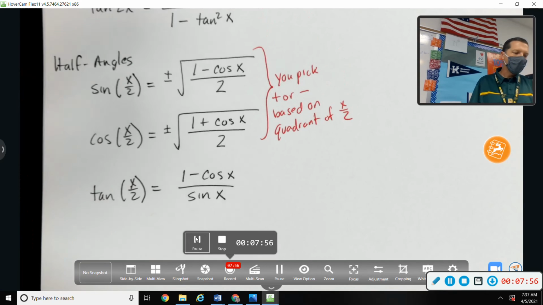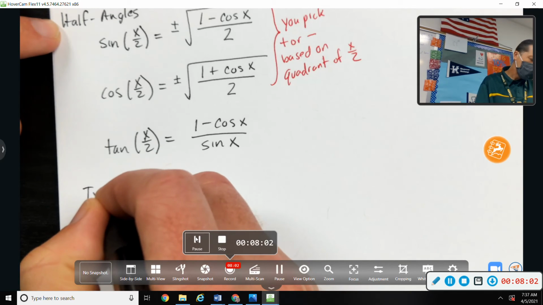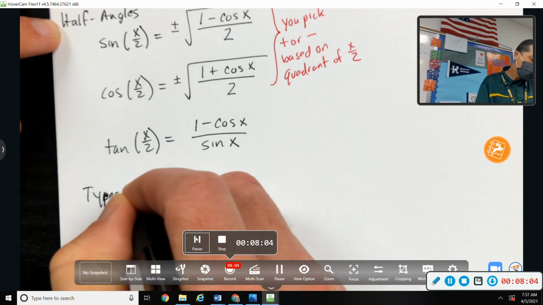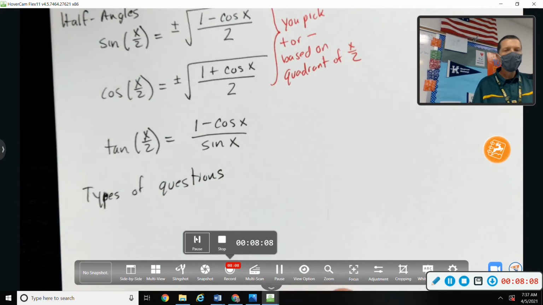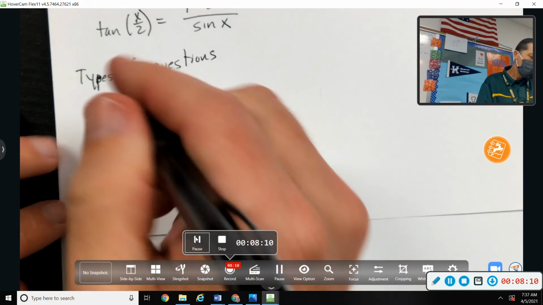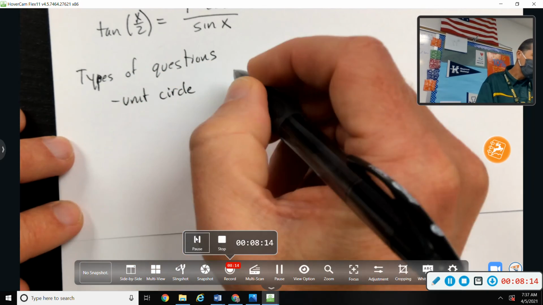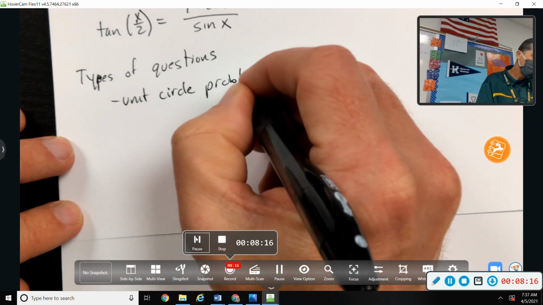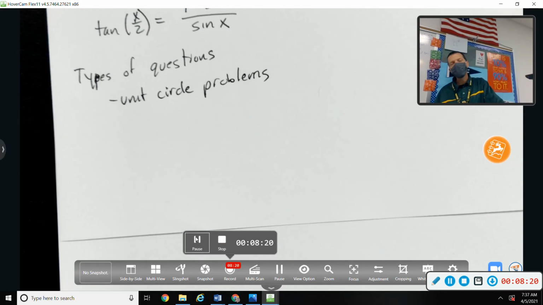And then with each of those formulas, there were like 2 types of questions. There were the unit circle problems. So you still need to know or have access to or reference all your unit circle values.